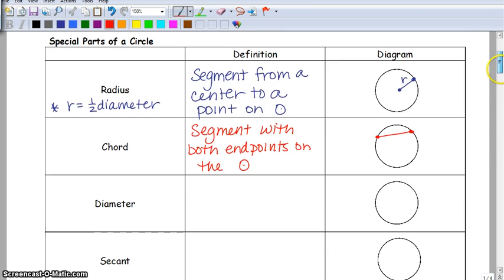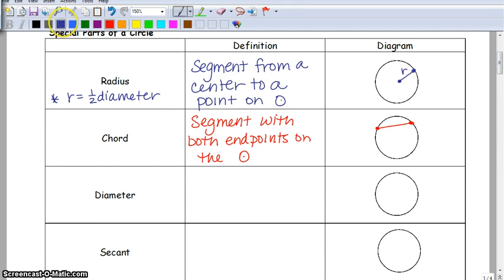If you move it away from the center, then that chord gets smaller. Okay? The diameter is the largest chord in the circle, and it passes through the center, like we just talked about.